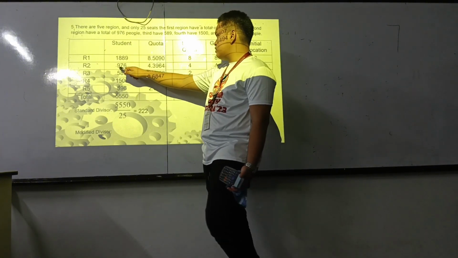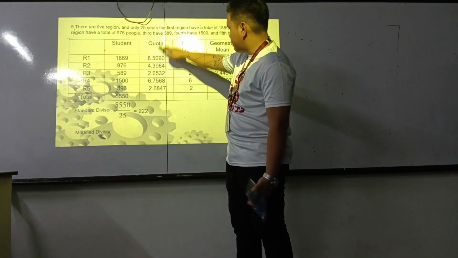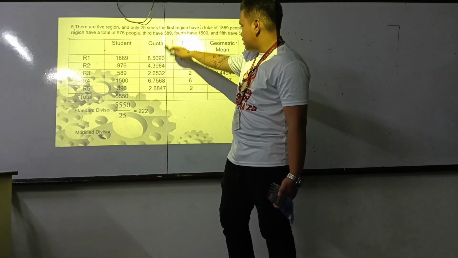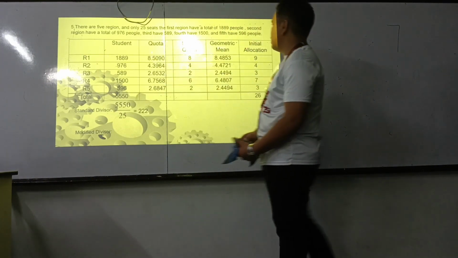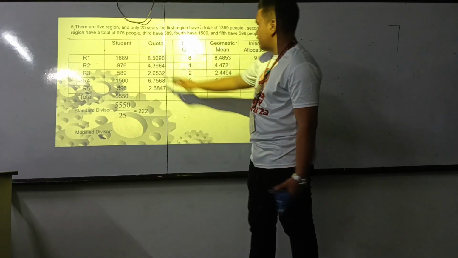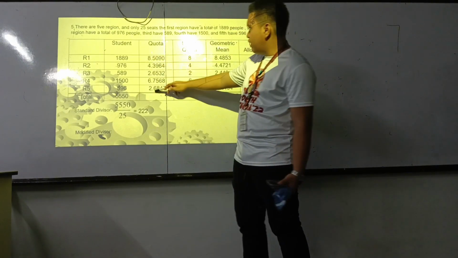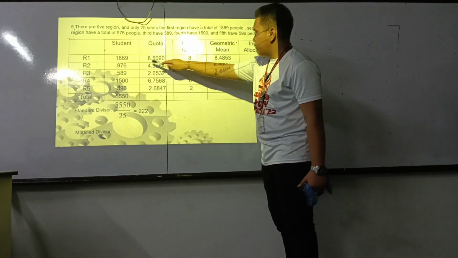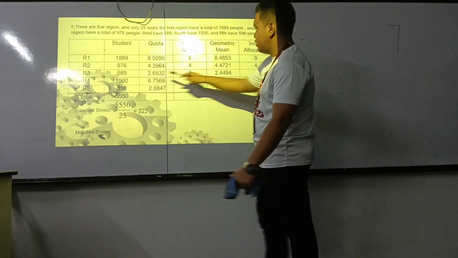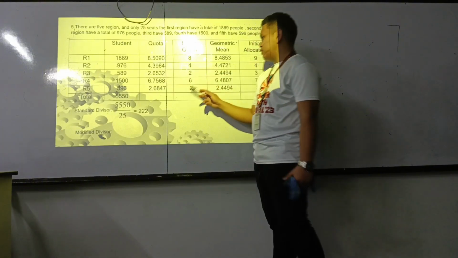So this divided by this, and this is their quota. To determine our lower quota, drop the decimal part. So we have 8, 4, 2, 6, and 2.